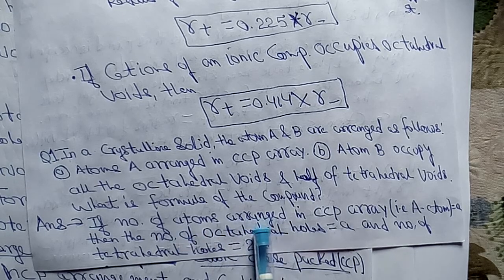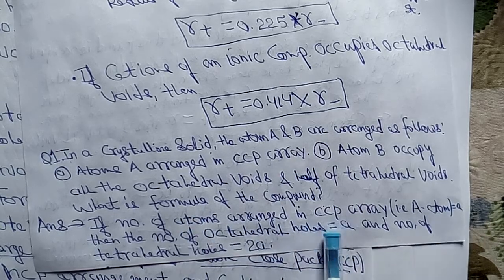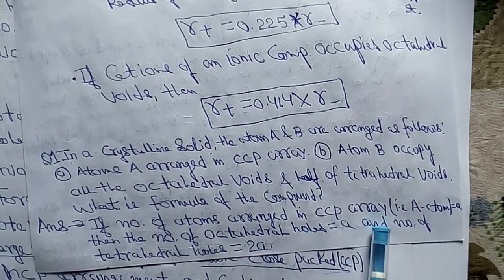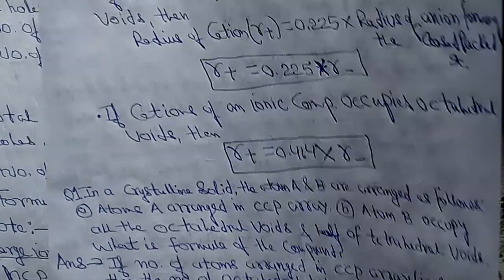The number of atoms arranged in CCP is a, which equals the number of octahedral holes, a, and the tetrahedral holes will be double that, 2a.